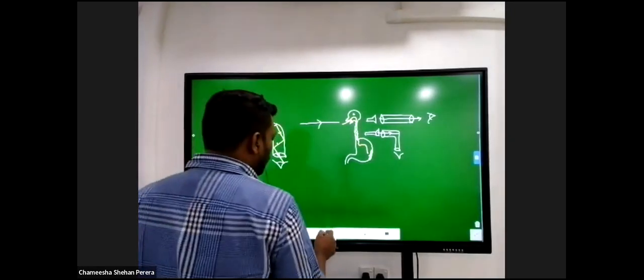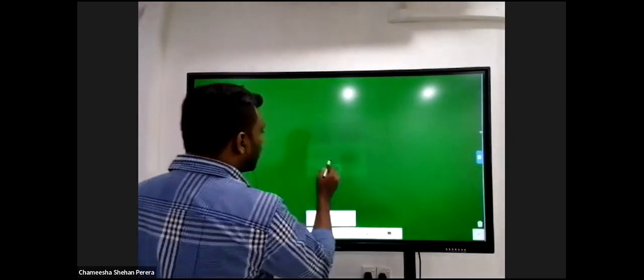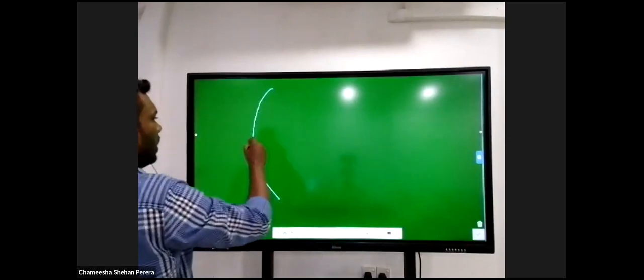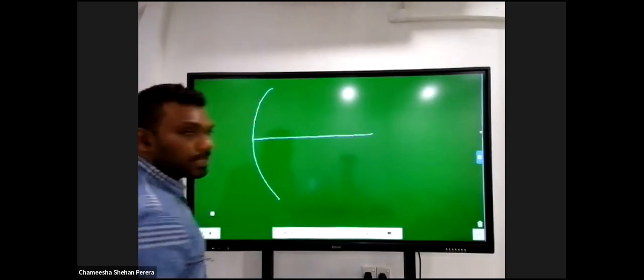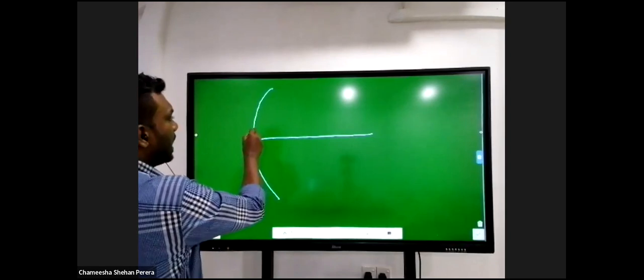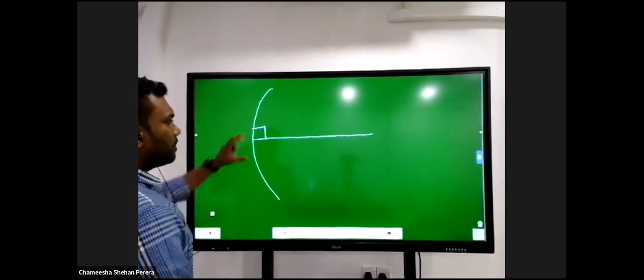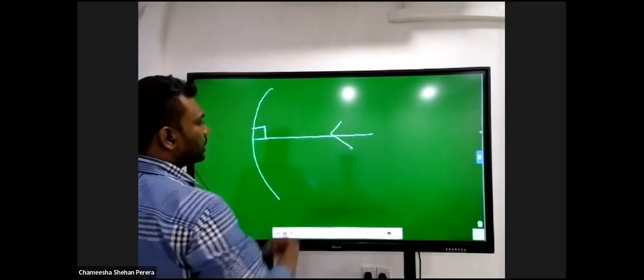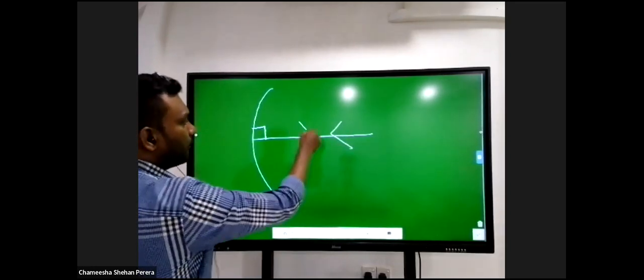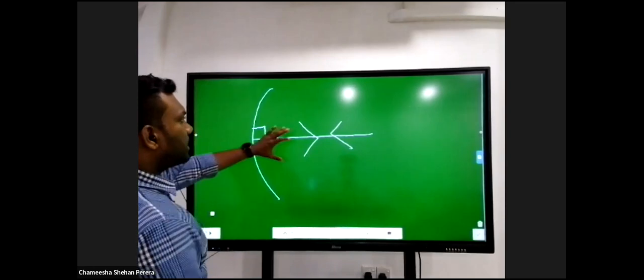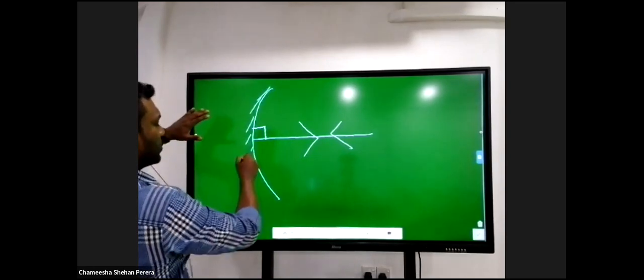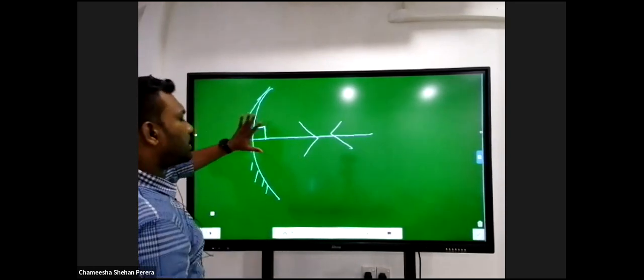This is the curved mirror, and this is the principal axis. I said this principal axis touches the curved mirror surface perpendicularly. If a light ray comes along this principal axis, it gets reflected back along the same path, because the concave mirror surface is touched by the principal axis perpendicularly.